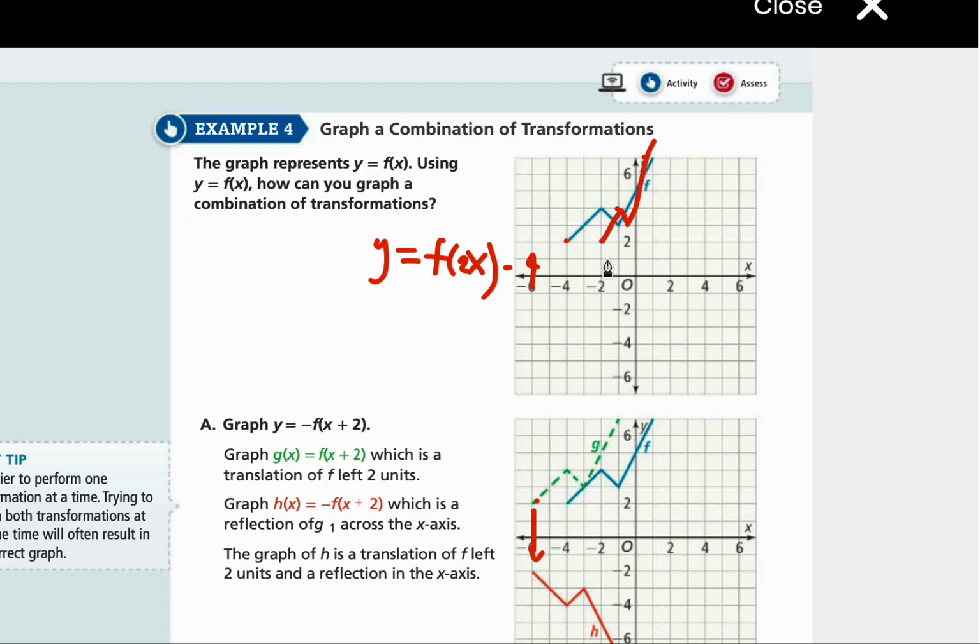So then you're going to go 1, 2, 3, 4, 1, 2, 3, 4, 1, 2, 3, 4, and 1, 2, 3, 4. So your final graph should look something like this. So check if you have it correctly.